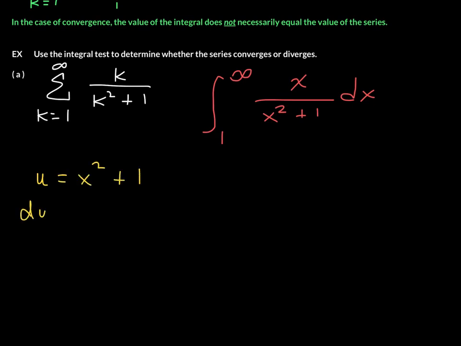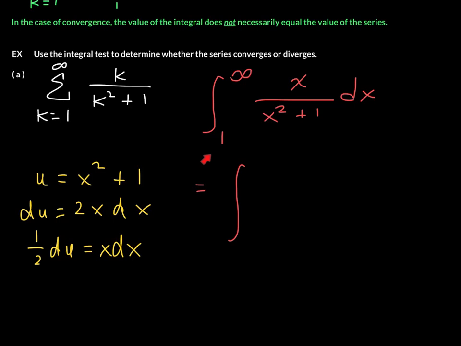That would mean du is equal to 2x dx, which means that 1/2 du is equal to x dx. So then this integral can be rewritten. When x is 1, u is 2, and this is still going to be infinity. And then this would be of the form 1/2 du over u.